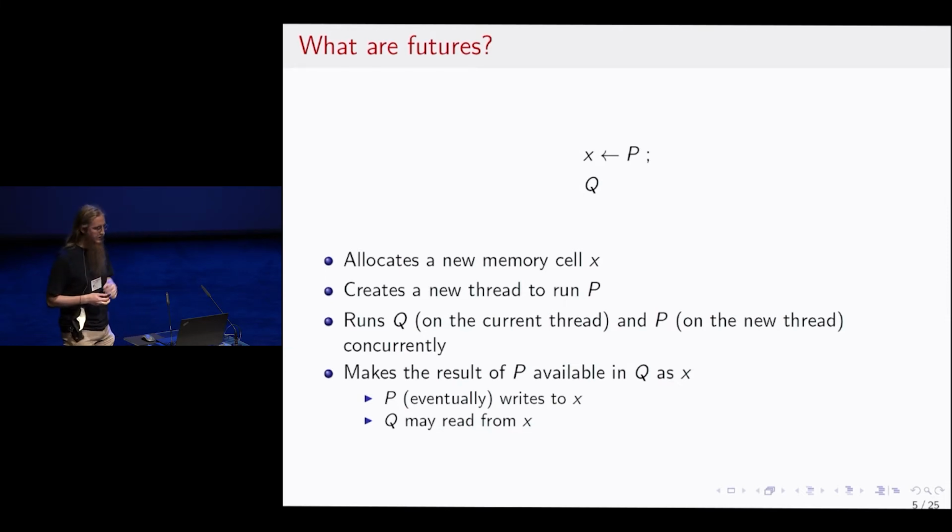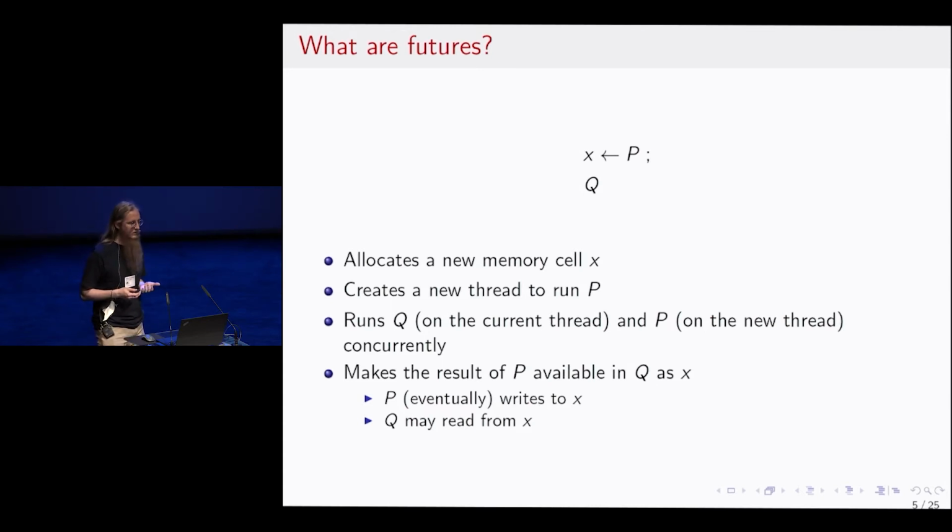The idea here is that this is going to run p, store its result into x, and make that available to q. In the language that we've developed for this, p will eventually write to x, but of course, you could imagine if we had recursion, p might be entitled to write to x but not actually get there necessarily. And q is entitled to read from x if it wants to.